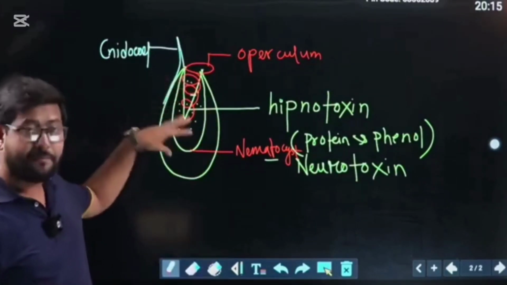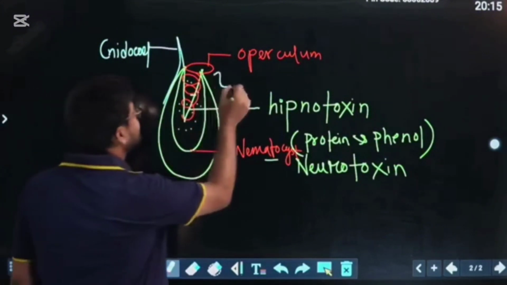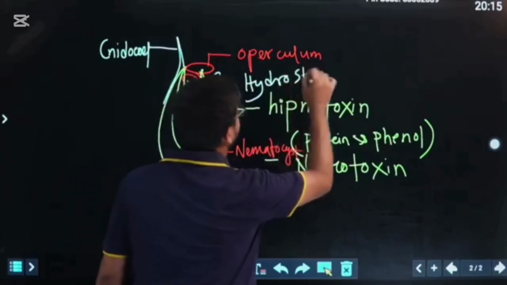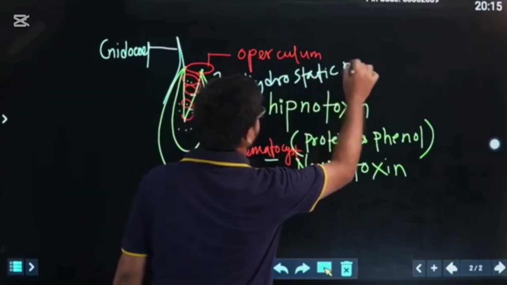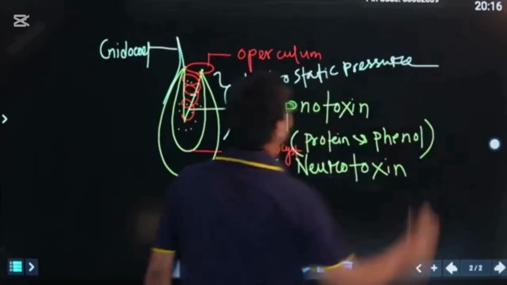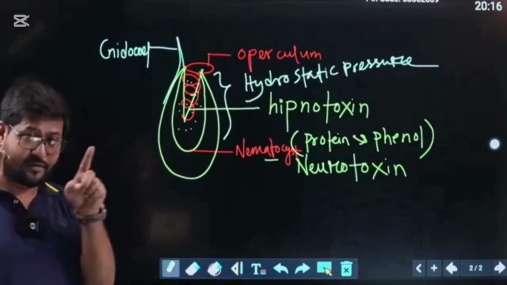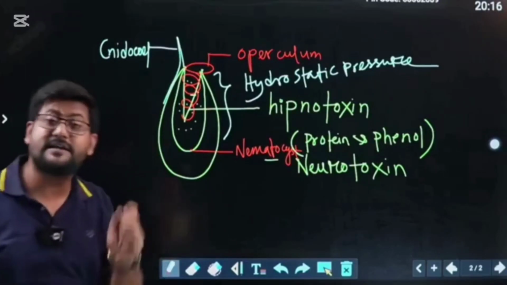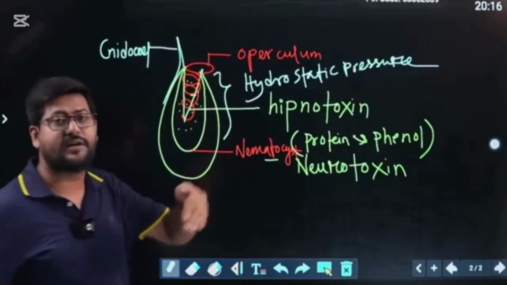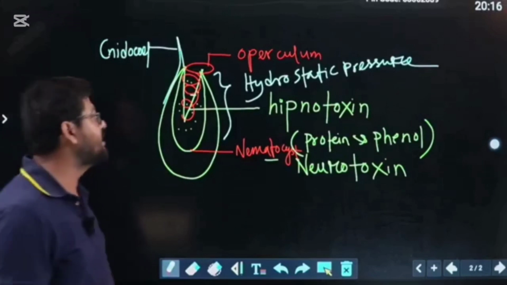The things inside it are present under hydrostatic pressure. You have to remember hydrostatic pressure. Due to that, when the operculum is opened up, the whole structure comes out with its sting, and the sting is open at the terminals so that the liquid or poisonous materials can easily penetrate inside their enemies.